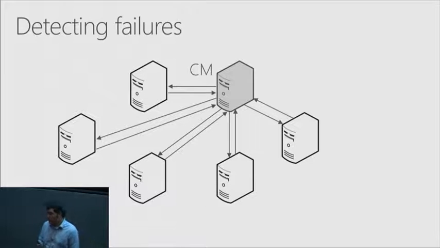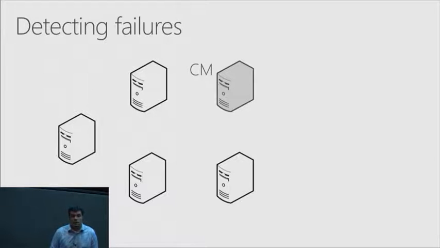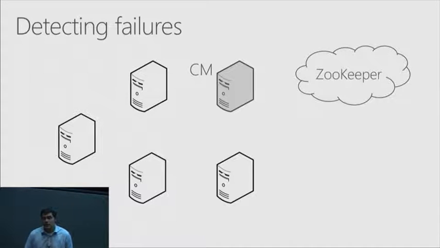This means the configuration manager's responsibility is to detect failures of other machines, and at the same time, all the other machines detect failures of the configuration manager. So when a machine goes down, it won't be able to respond to the heartbeat messages by the CM, and it's going to get kicked out from the configuration.